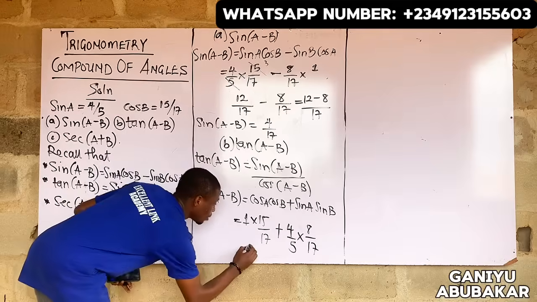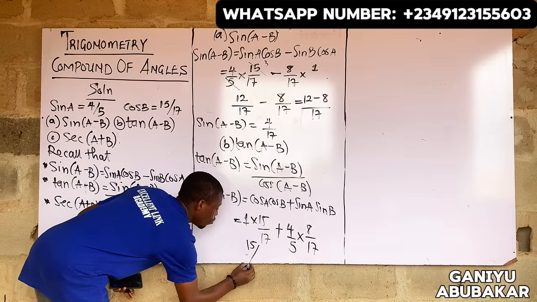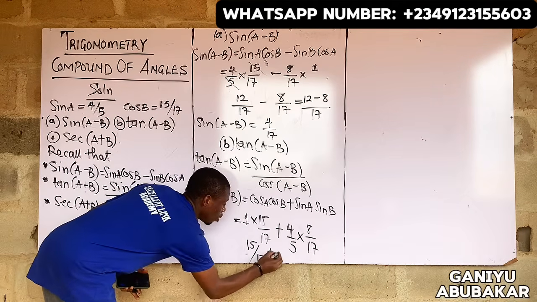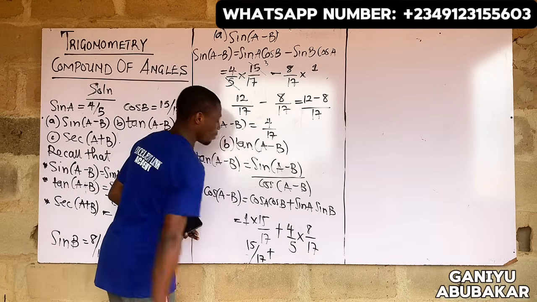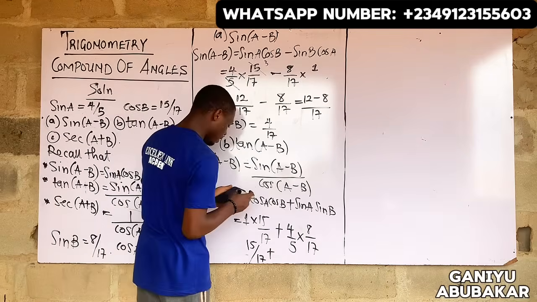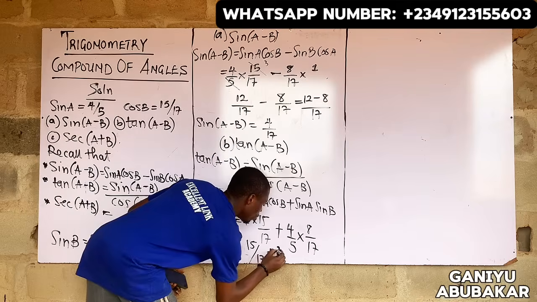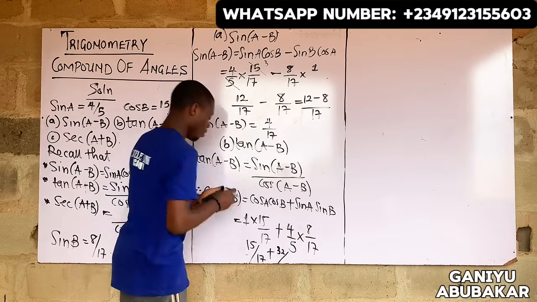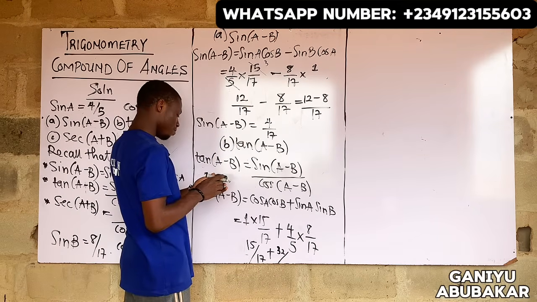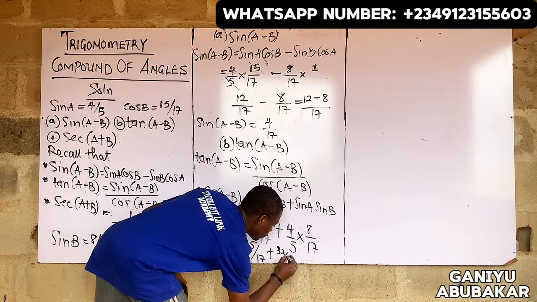From here, I'll have 15 over 17 plus, let's multiply, 4 times 8, which gives 32, over 17 times 5, that's 85.